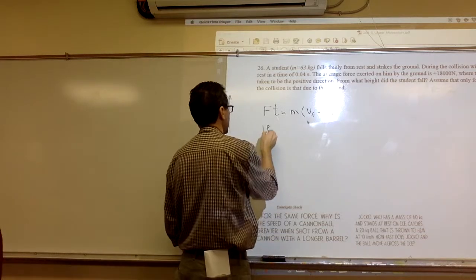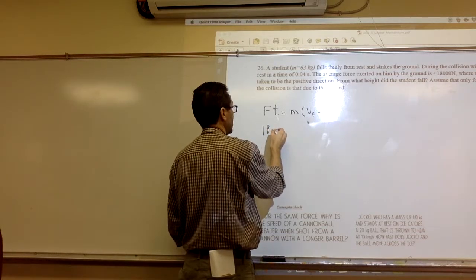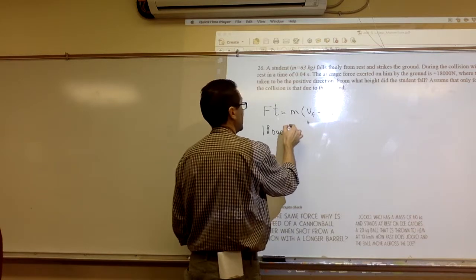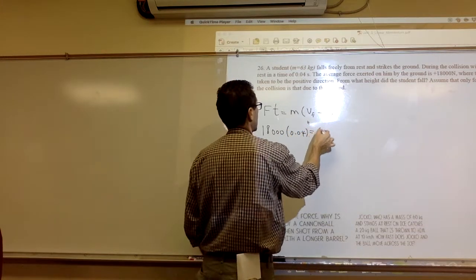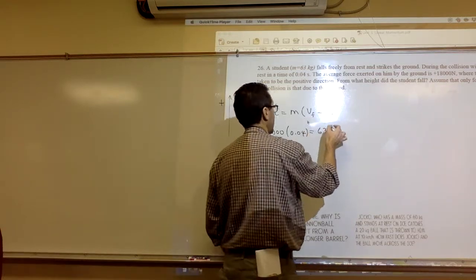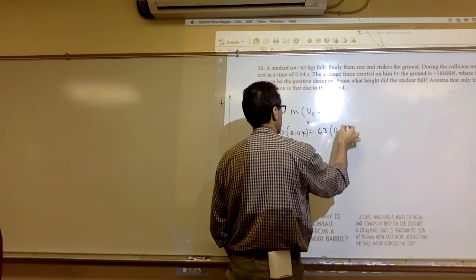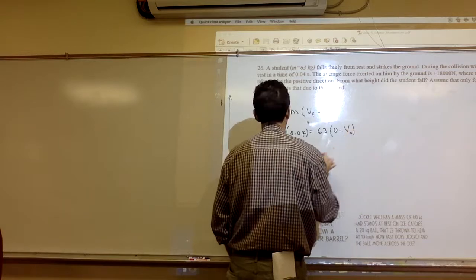So let's try 18,000 times 0.04 equals 63 times the final velocity, which is 0, minus the initial velocity.